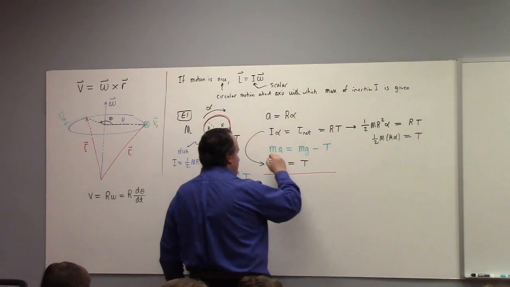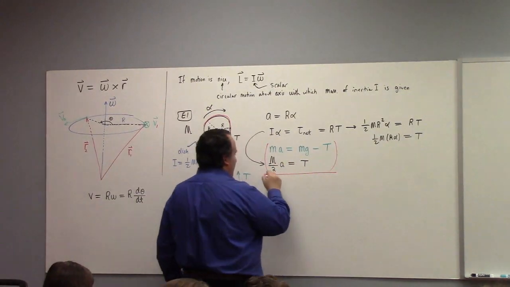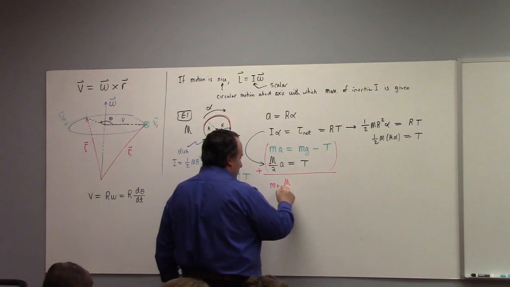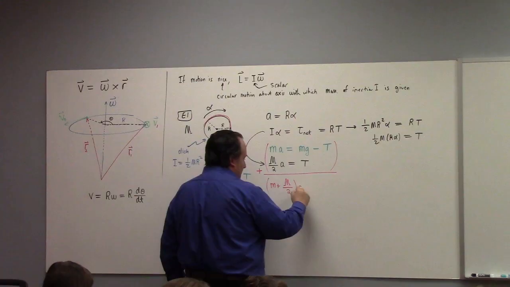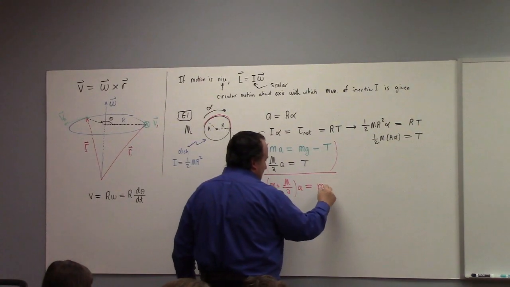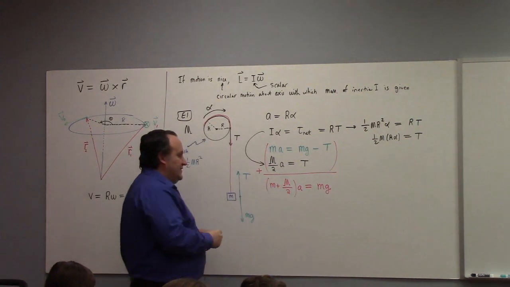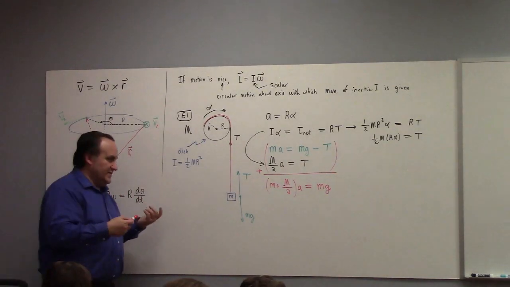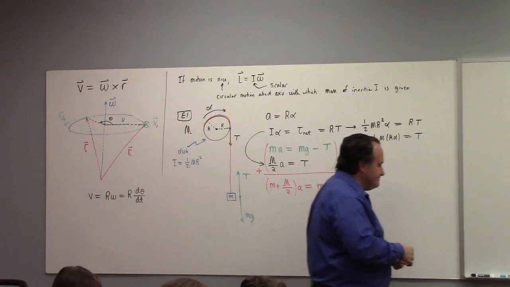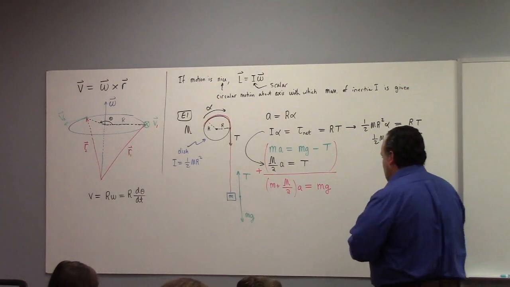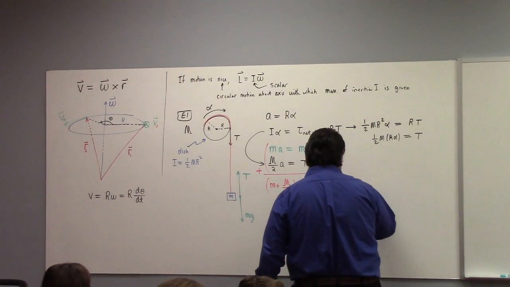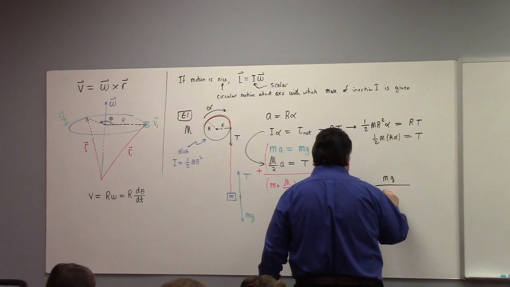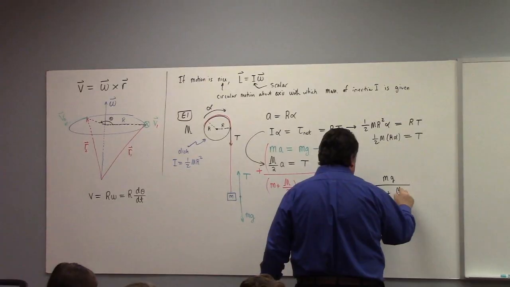I will add these, and that gives me little m plus big M over 2 times the acceleration we don't know is equal to mg, because the tensions cancel. So the acceleration of this system is equal to mg divided by little m plus big M over 2.